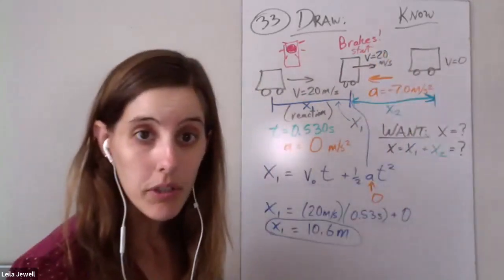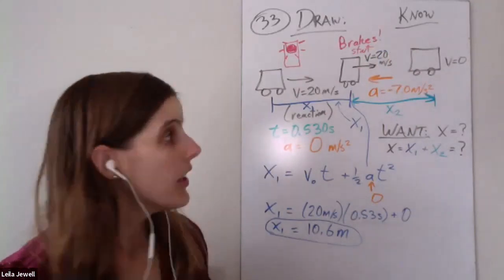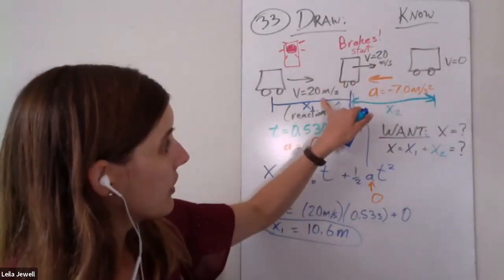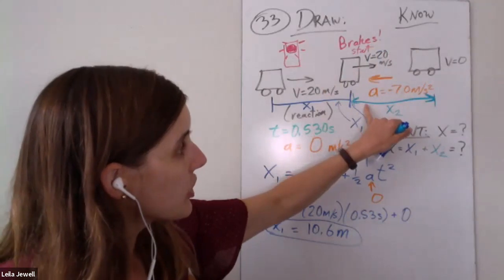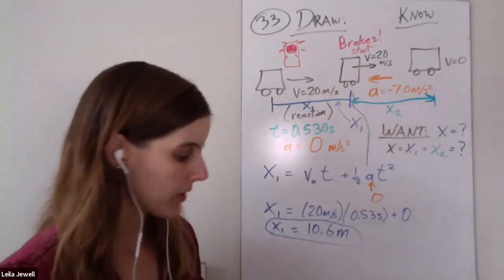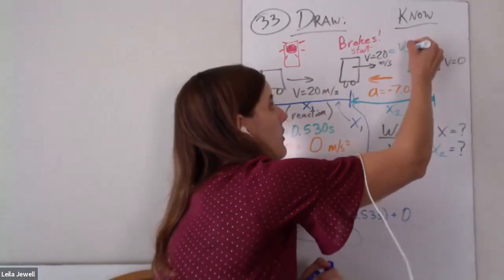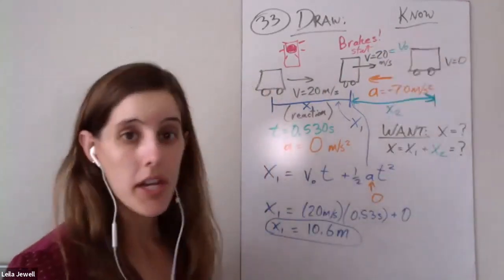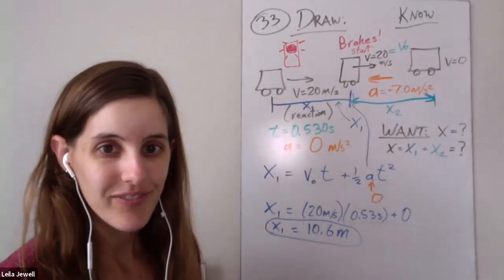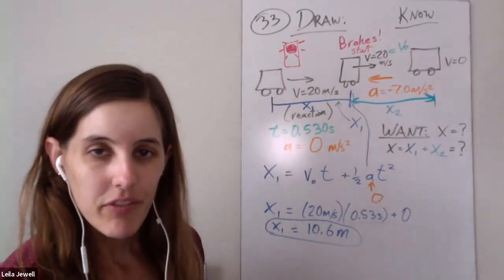Sorry, that's a little small. That's the final velocity of the dark blue segment, but the initial velocity of the light blue segment. Call this my V0 in the light blue, teal, kind of greenish in the video.